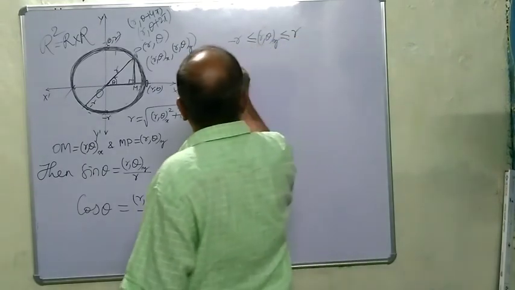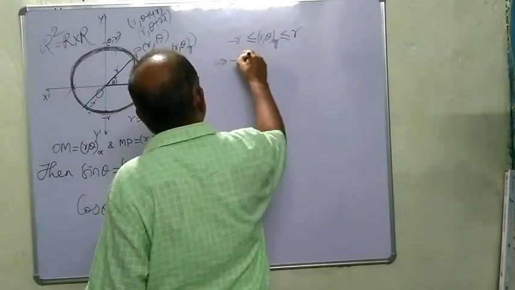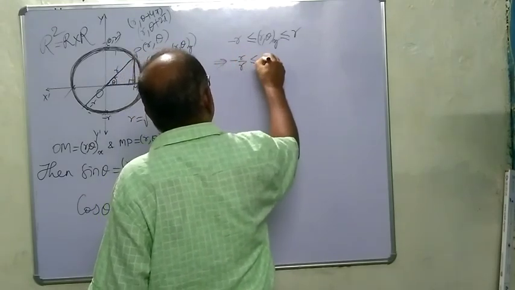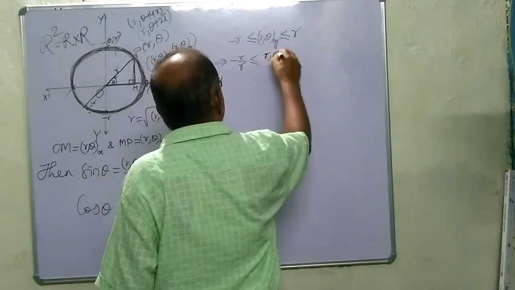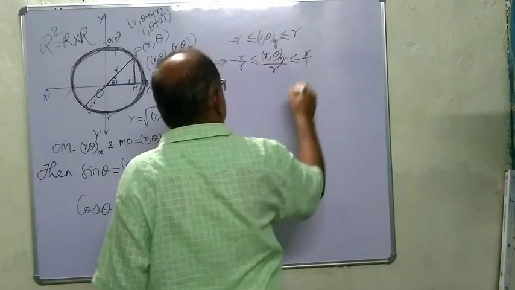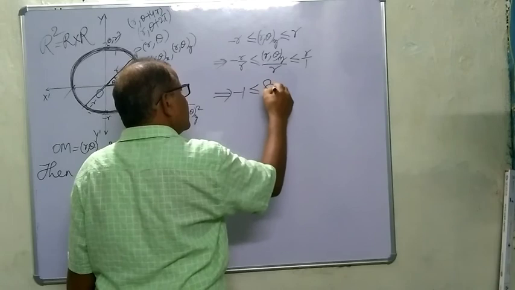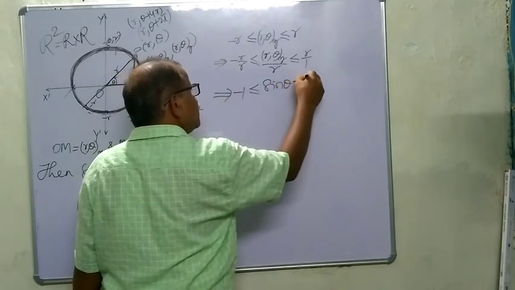So this implies minus r is less than or equal to y is less than or equal to r. If you divide by r, you get minus 1 less than or equal to y by r, which is sine theta, less than or equal to 1.